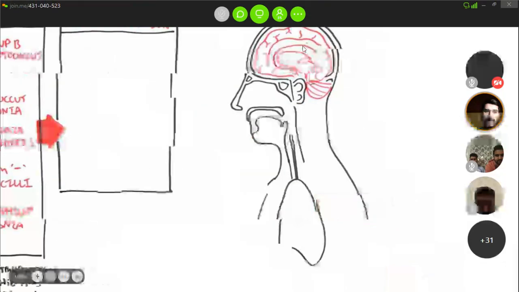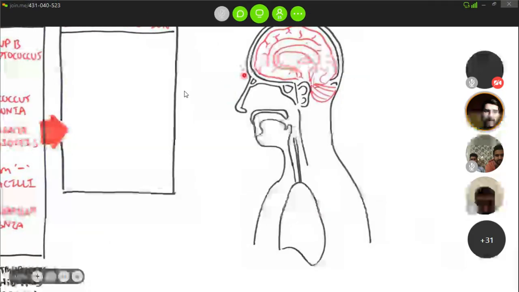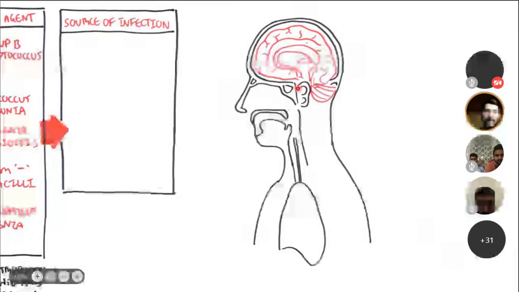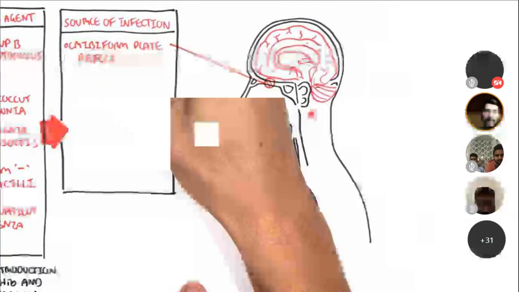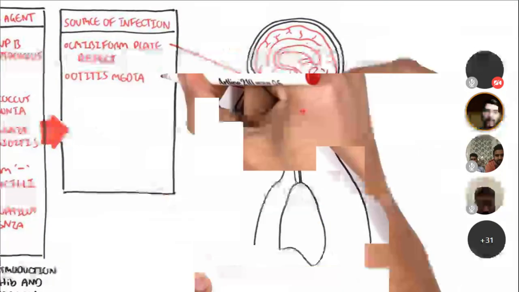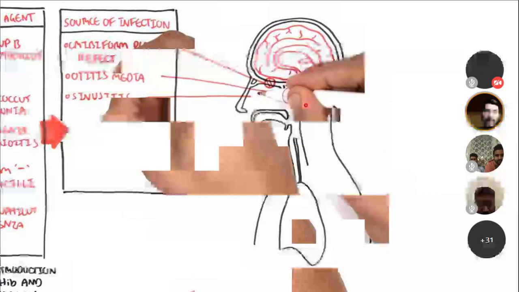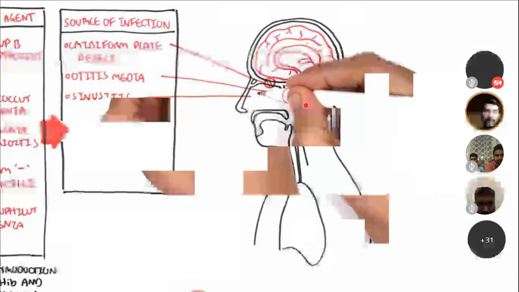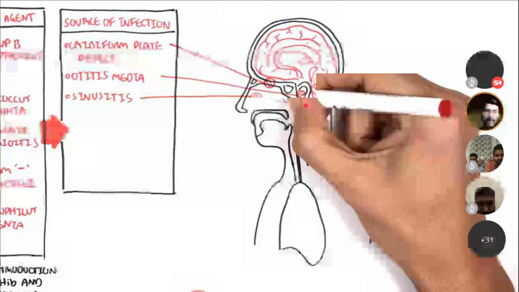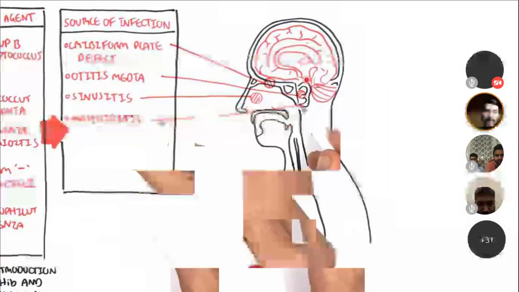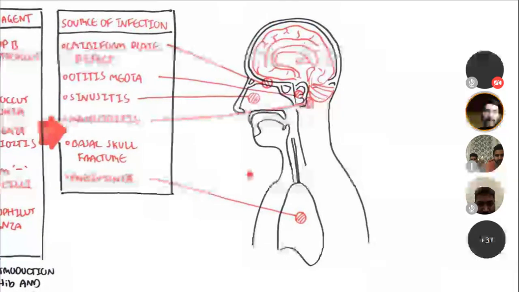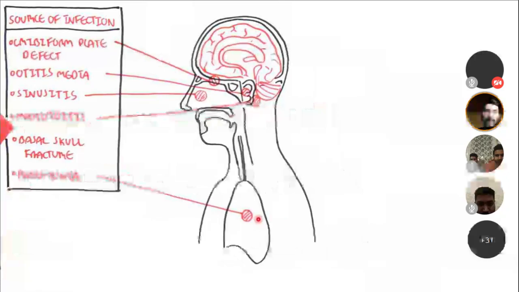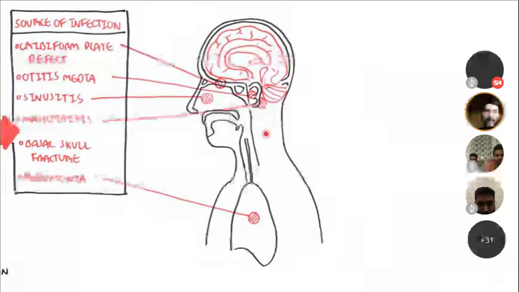So basically, the bacteria gets through the nasopharynx. It gets into the bloodstream. Through the bloodstream, eventually, it will lead to mastoiditis and so on. A few of the things that you need to know right here is that it gets into the venous system, not arterial, the venous system.